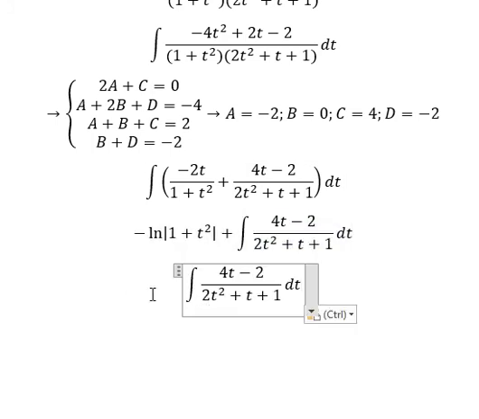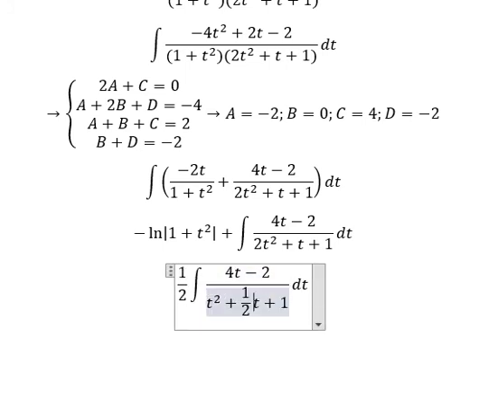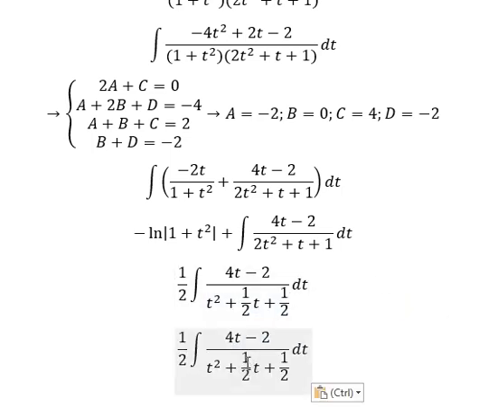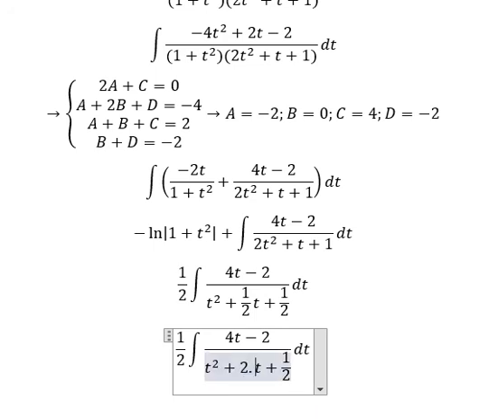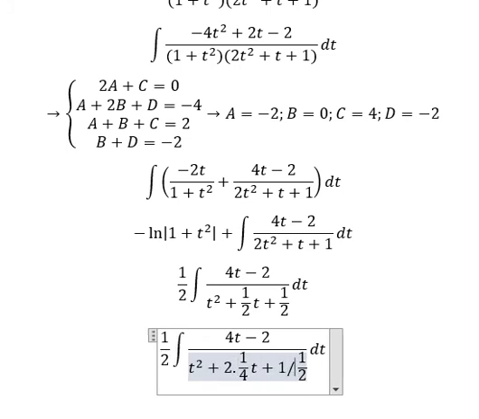So I will put 2 outside. So 1 over 2, that's 2 multiplied by 1 over 4. So we need to have 1 over 16.